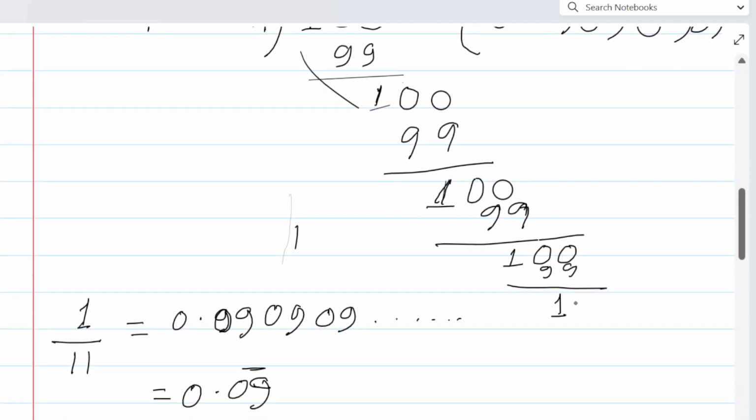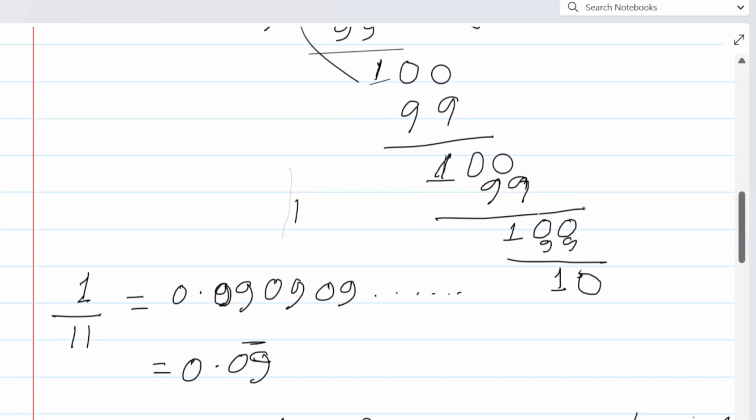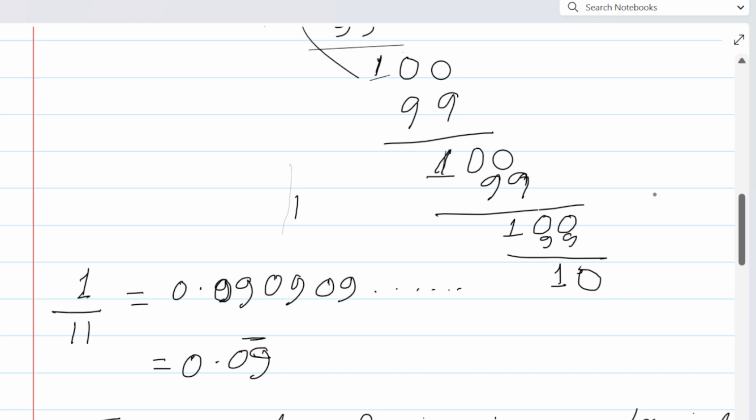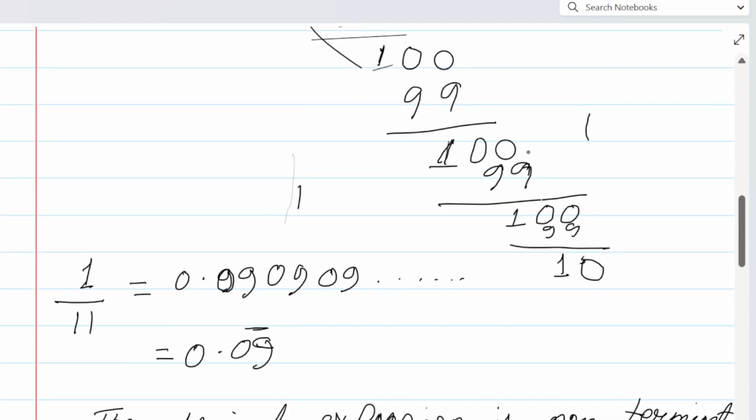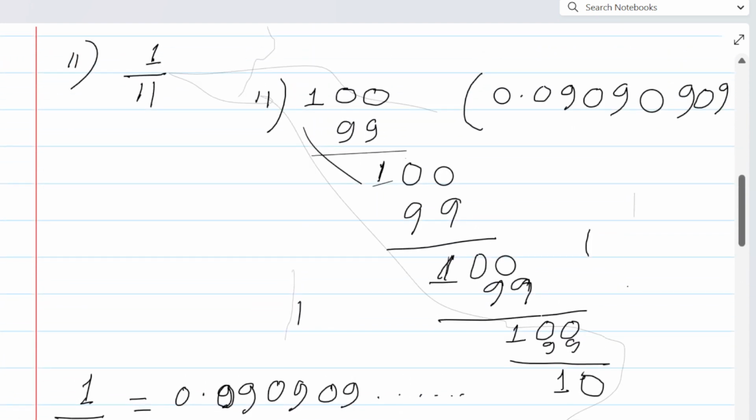See here, so for decimal point, 10 will be free, okay. See, still that 11 is not dividing. I have 11, this 10 is not dividing.